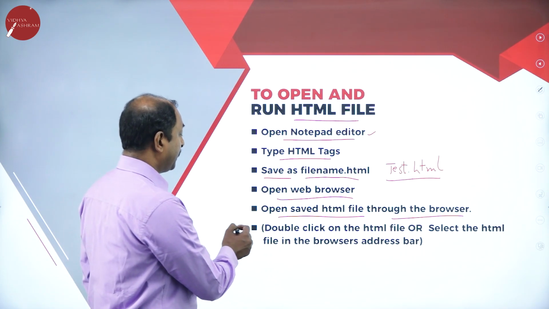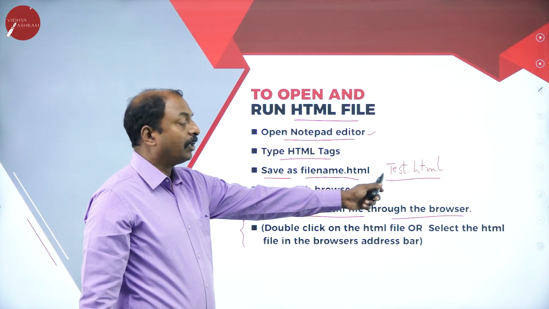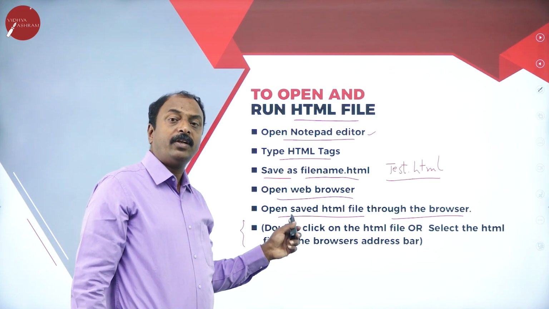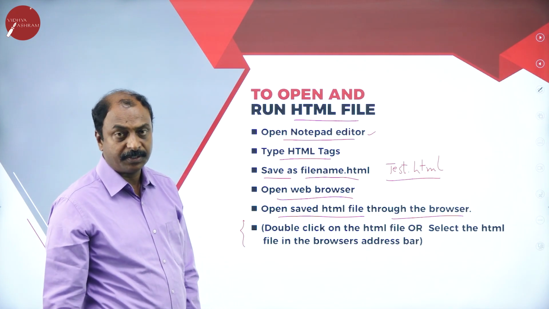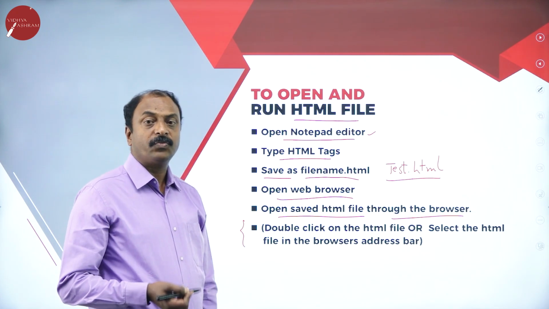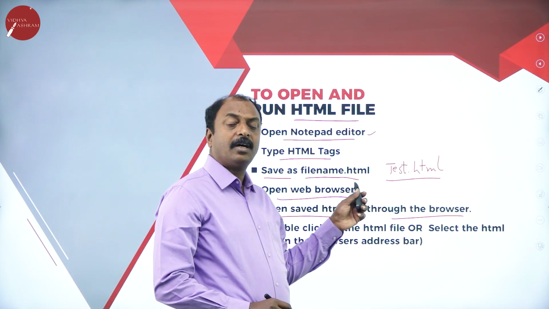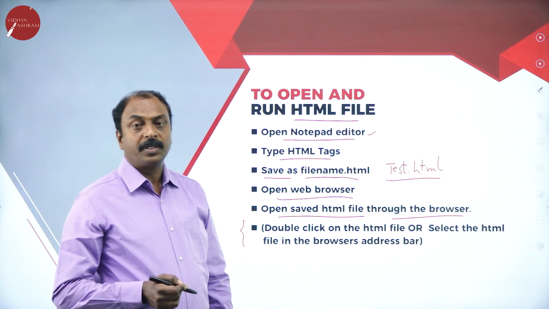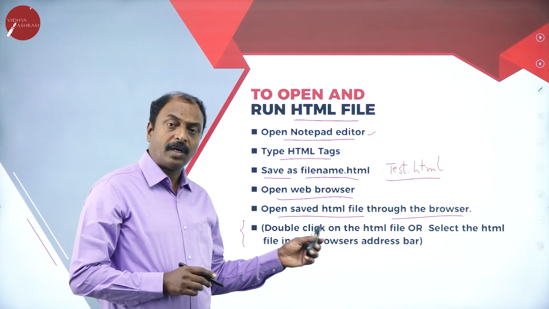Then there is another method. As soon as you save your file as .html, it is saved in your computer in whatever location, maybe any place or folder, wherever you save it. If you look at the icon, it will have changed to the Internet Explorer icon, because that indicates this is an HTML document.